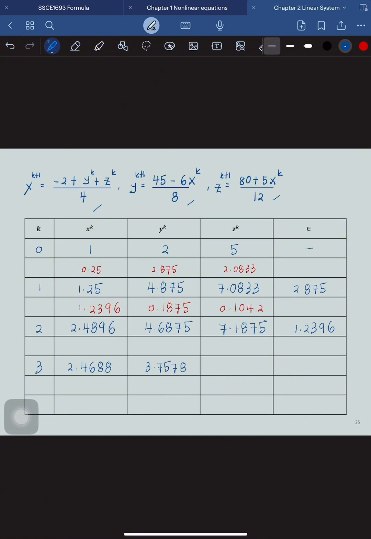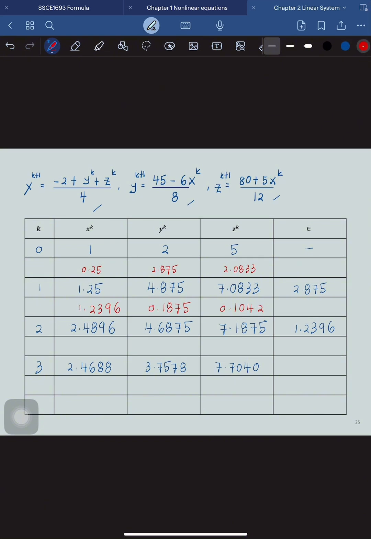And for z, 80 plus 5 times x, 2.4896, divided by 12, gives 7.7040. Then 7.7040 minus 7.1875.